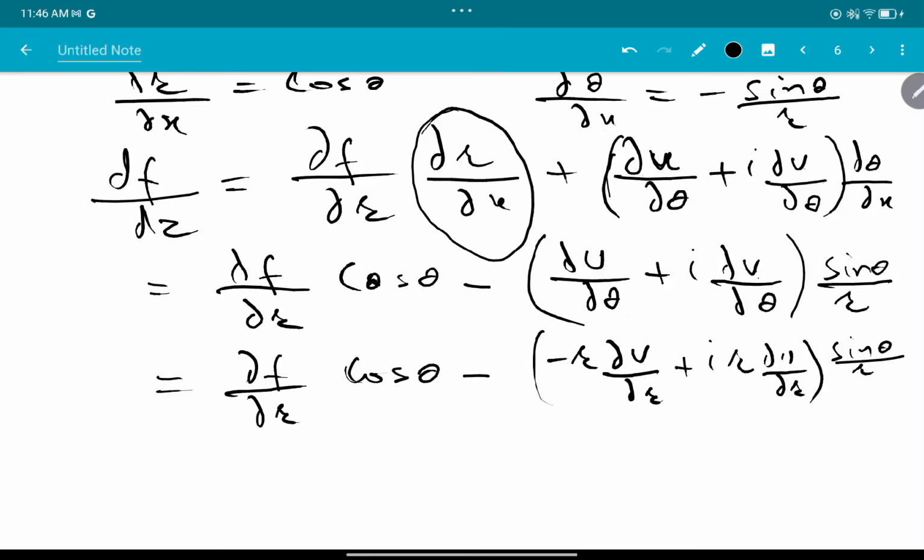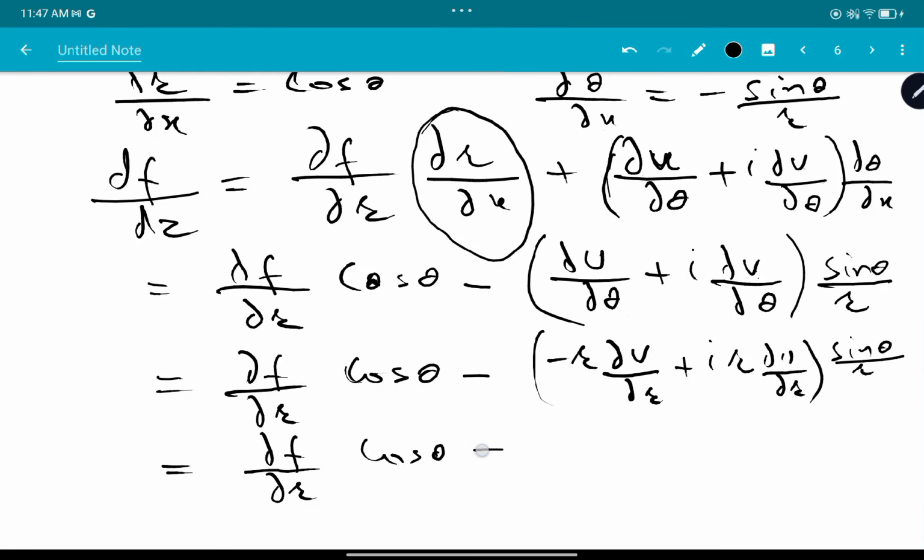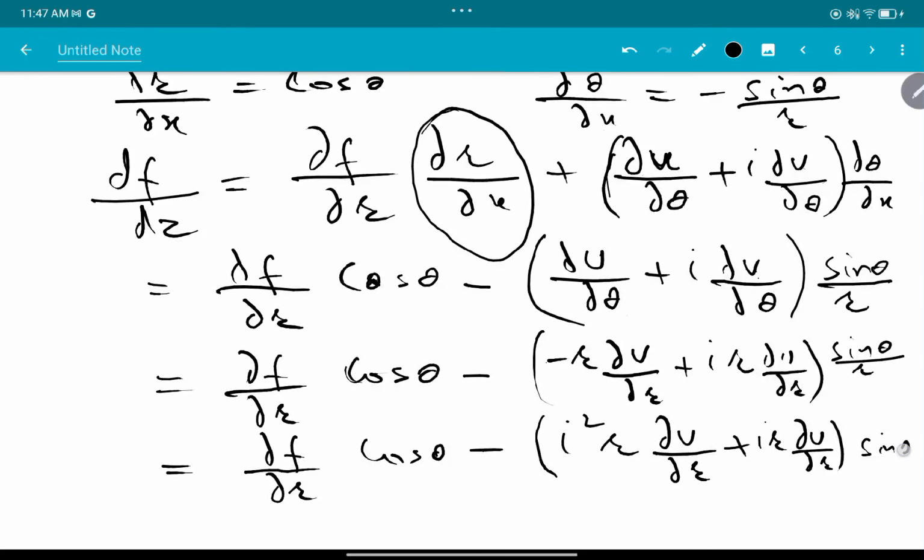So this is equal to del f by del r cos theta minus, now a little bit of simplification. Let's do something like this, because that will be beneficial for us. If this is minus 1, I can write i square for this: i square r del v by del r plus i r del u by del r into sine theta by r.